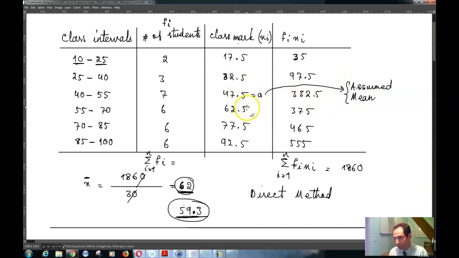The next step is to find the difference d of i between A and each of the x of i's, which is the deviation of A from each x of i that I have.